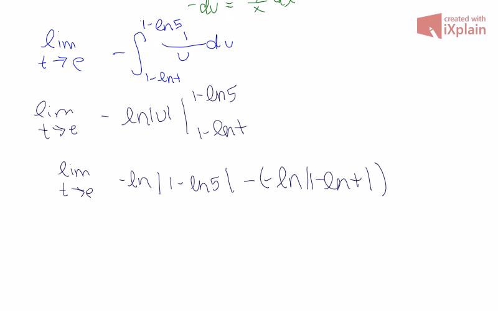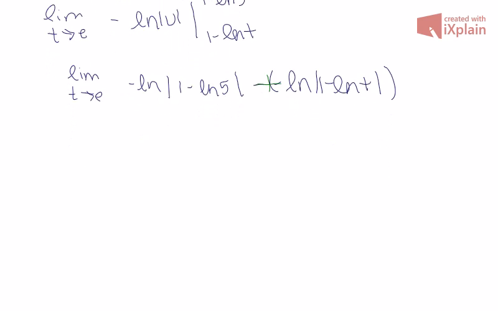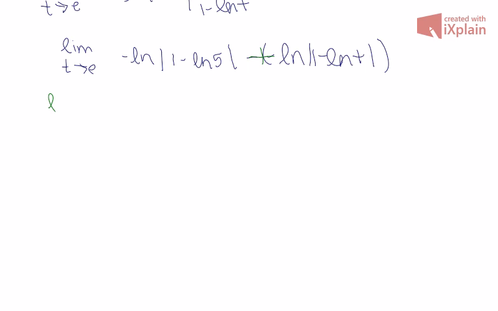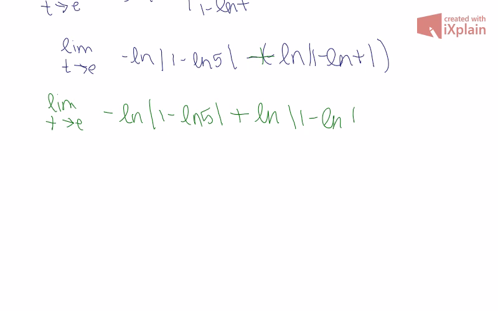So we can go back and write that as a positive, and so that gives us the limit as t approaches e of negative ln of 1 minus ln of 5 plus ln of 1 minus ln of t.